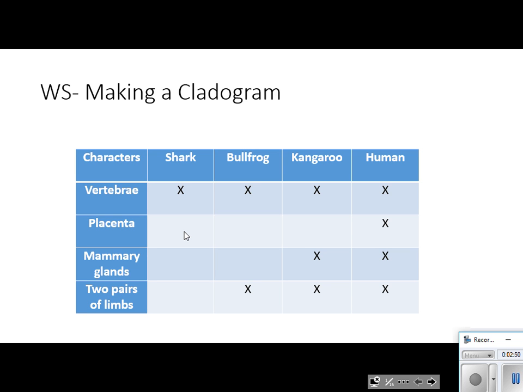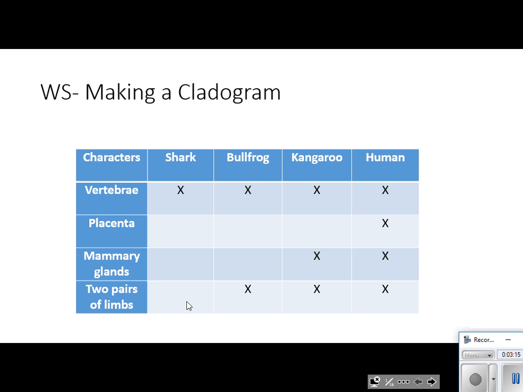Now, why did you put shark? The shark only has the vertebrae of these 4 traits. Looking at this, the shark doesn't have a placenta. The shark doesn't have mammary glands. The shark doesn't have 2 pair of limbs.